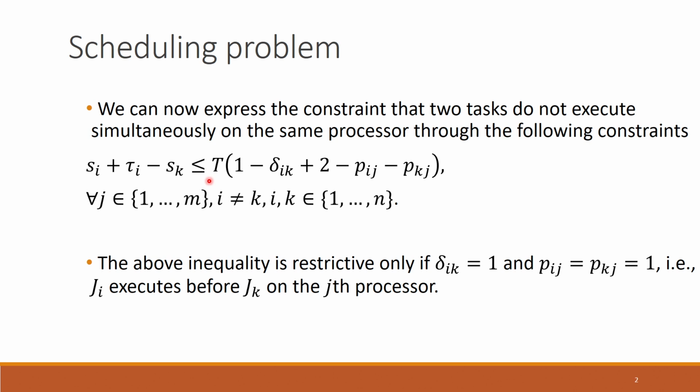We have been using the variable capital T a lot of times in this scheduling problem, because that is the time it takes to process all of the tasks if they are processed on a single processor. So we can never have, for example, the difference of the starting times of two tasks be greater than this. This is kind of a limit, the total time it will take if you process all of these tasks on a single processor.